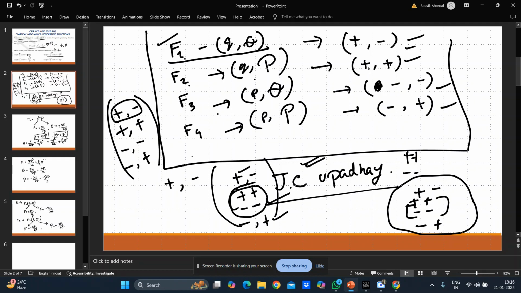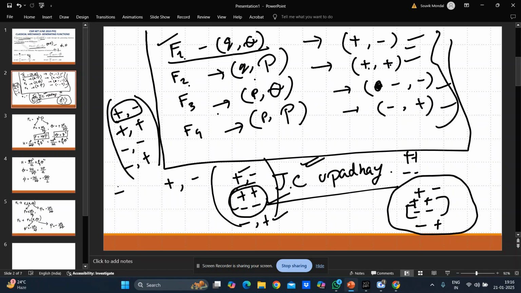So problems from various generating functions are coming, so it's better to remember the proper sign convention for at least the next 1 to 2 months, because all of your competitive exams are between 1 to 2 months. I recommend you remember this proper sign convention.